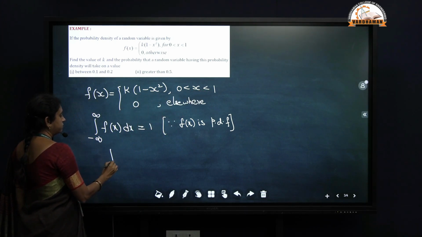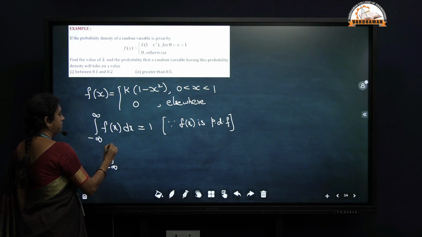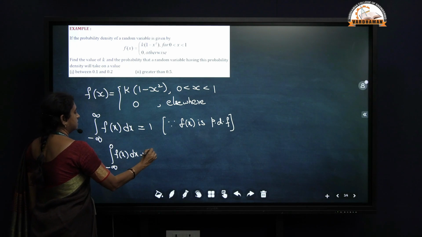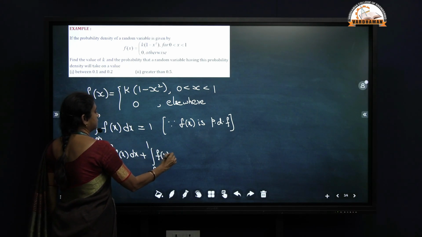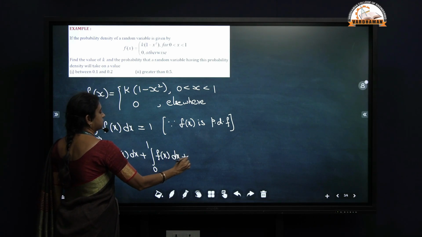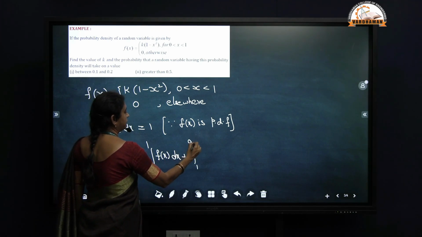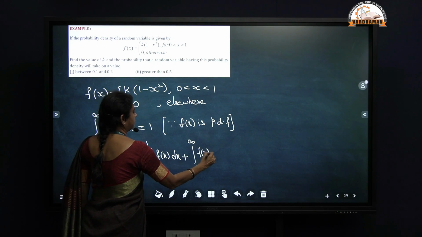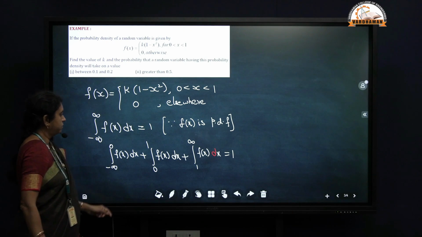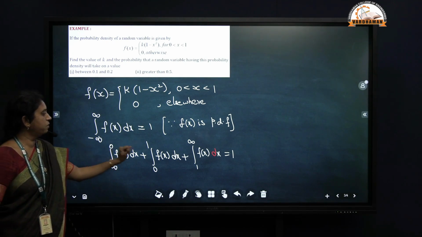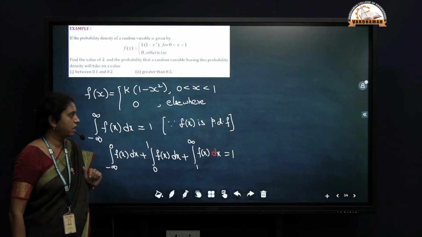So I'll divide this interval: from minus infinity to 0, f of x dx, plus 0 to 1, f of x dx, plus 1 to infinity, f of x dx, is equal to 1.